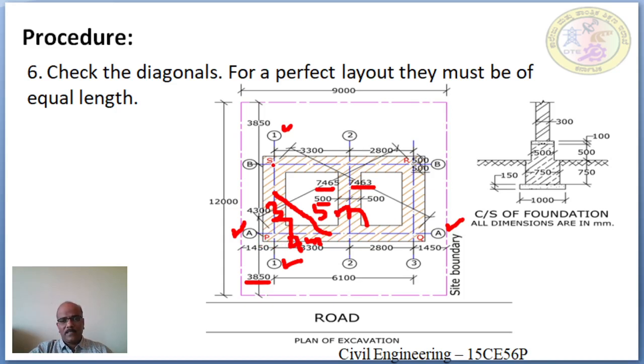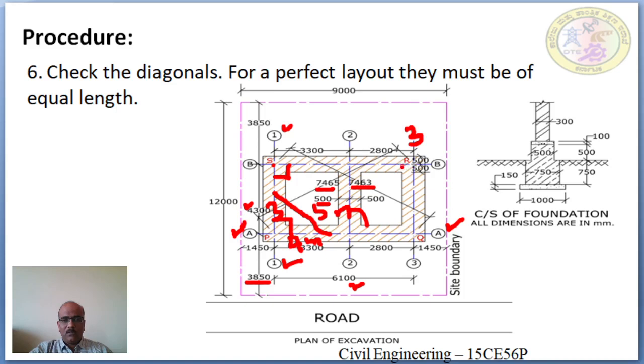Then the point S, that is grid line B, is marked by measuring a distance of 4.3 meter from grid A. Again, the same procedure is followed to establish the right angle at corner S. In a similar manner, grid line 3 is also established by measuring a distance of 6.1 meter from grid 1.